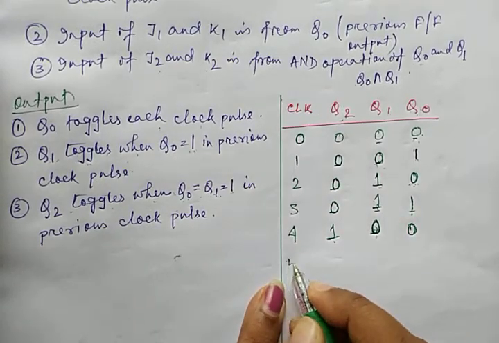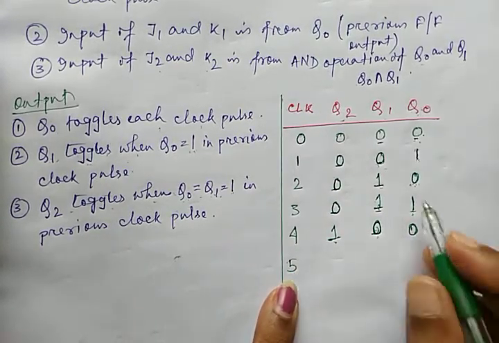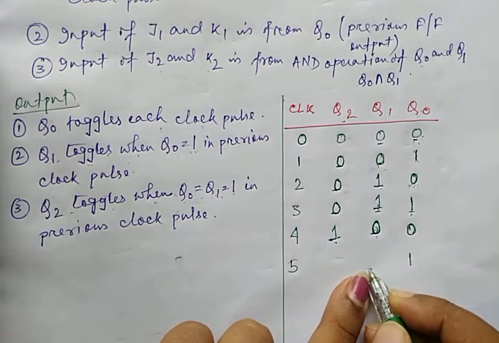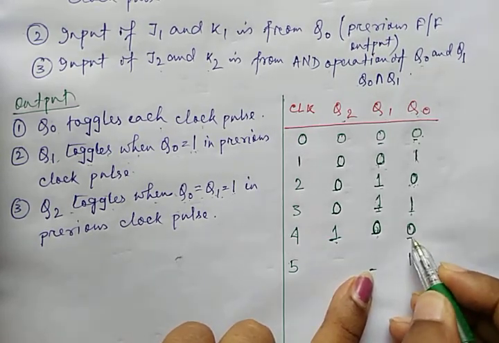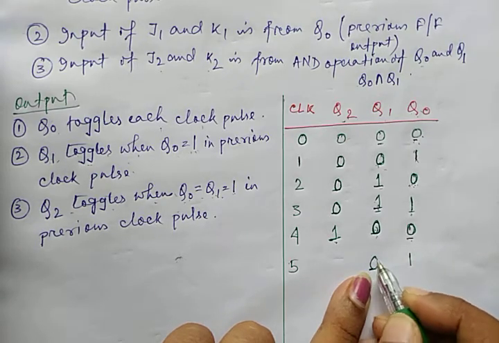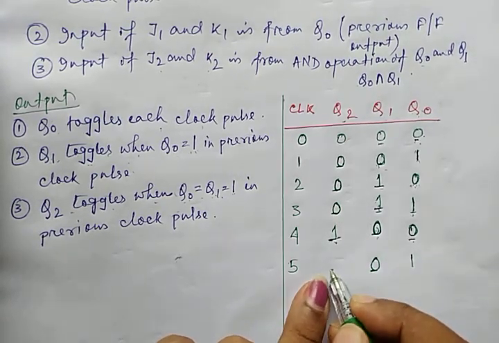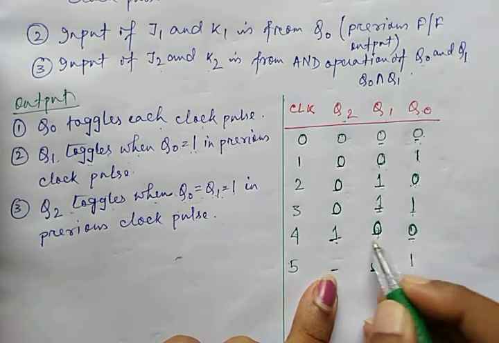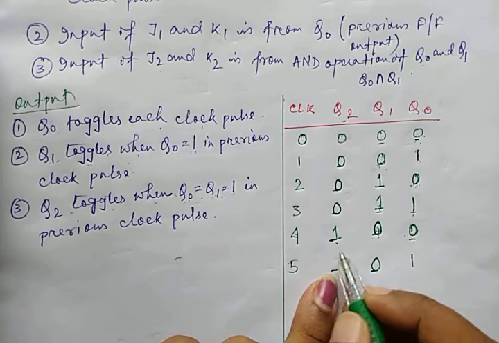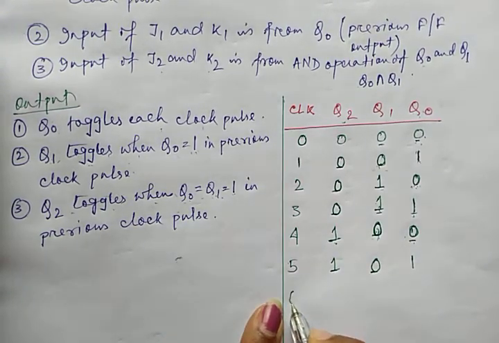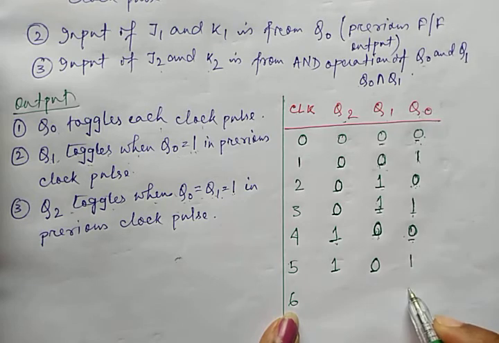For the fifth value, very easy. Q0 is 1, it toggles. For the Q1 value, we have to check the previous value of Q0. As Q0 is 0, it will not change, that is, it is 0. For the Q2 value, we have to check both the values of Q0 and Q1. You can see both are 0, not 1, so it will store its previous state. For the next state, Q0 will toggle.